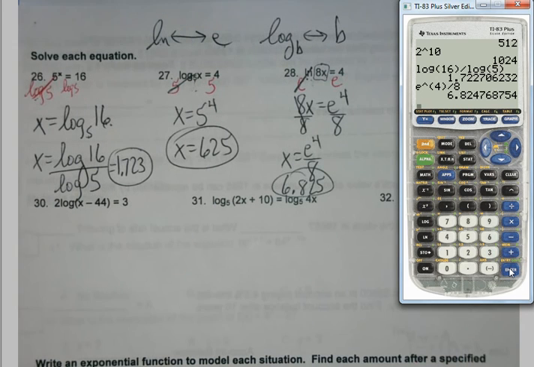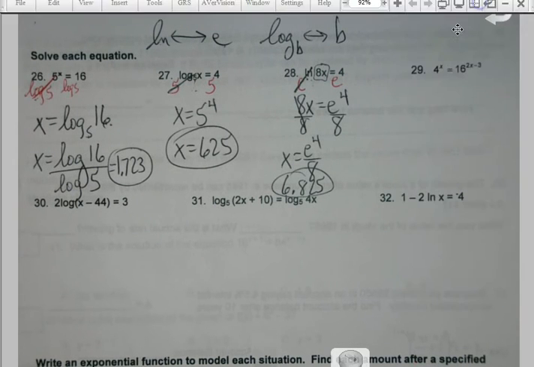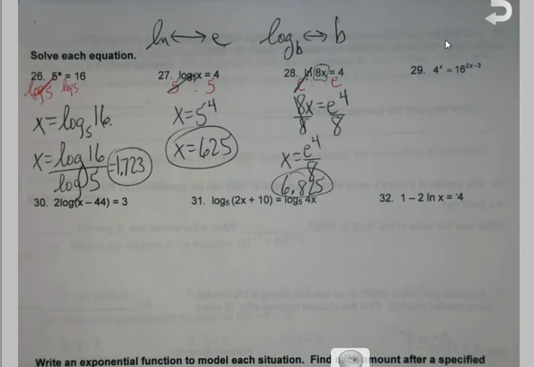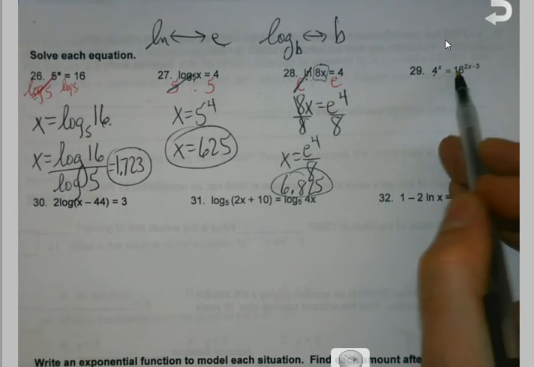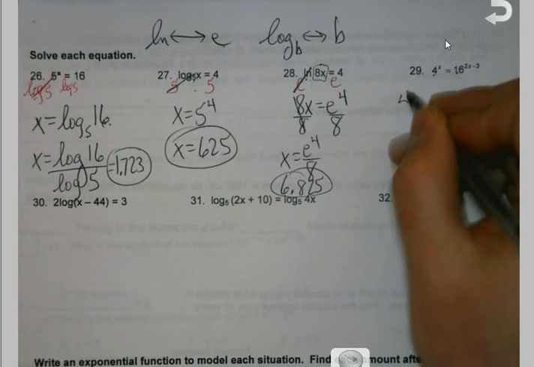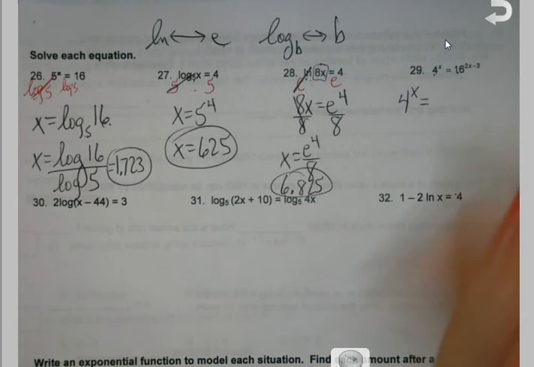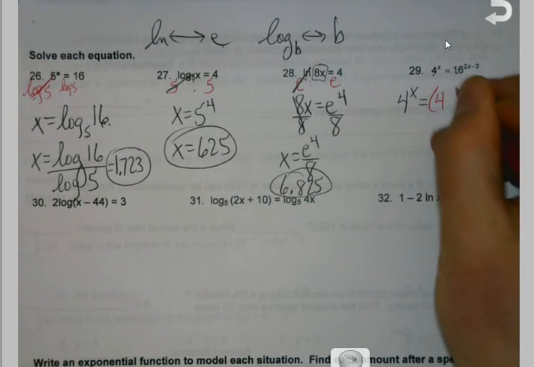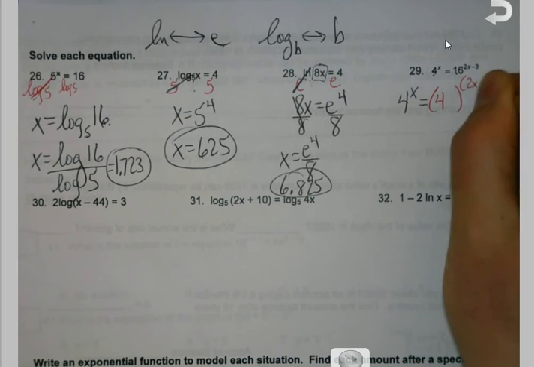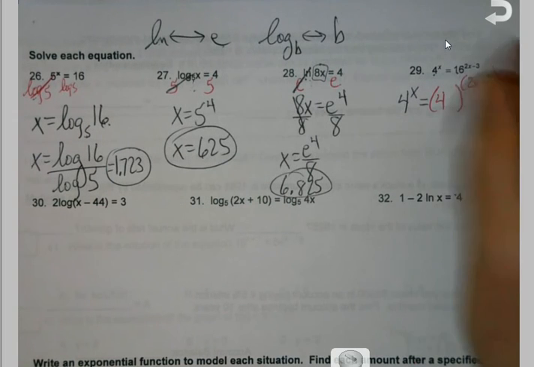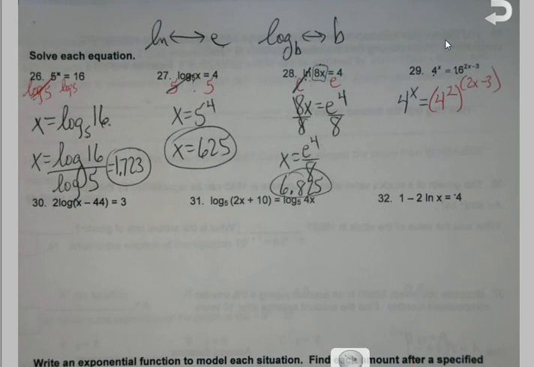Okay. Next one's finally where we get to start doing something a little more interesting. Here, the bases aren't the same. Okay, can't do that. Here, though, can I take 16 and turn it into 4 to something so my bases are equal? I sure can. I can make it 4 squared.